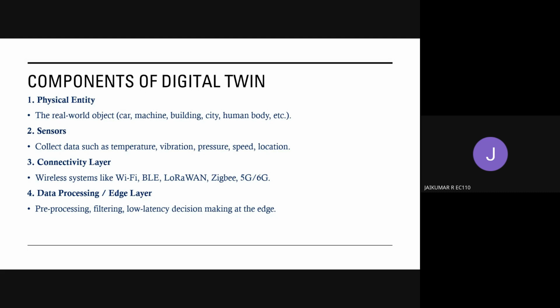Next one is data processing or the edge layer. As I told, you need to send this machine data, extracted using sensors, through this connectivity methodology like Wi-Fi, Bluetooth to the digital twin. Before we send the data to the digital twin, we have a layer called the edge layer.